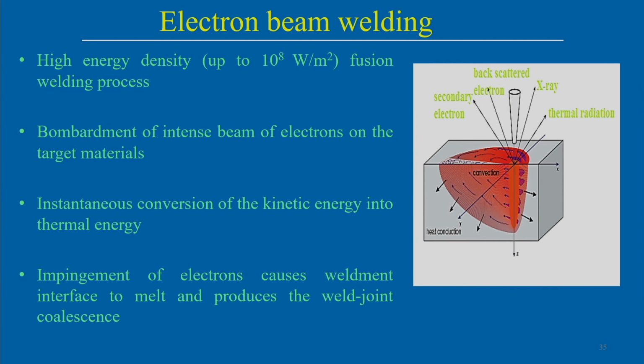In this case there is a bombardment of an intense beam of electrons that impinges on the surface, and then it creates a high depth of penetration, and at the same time it can produce a kind of keyhole, and of course the depth of the keyhole in this case is much more than that of the laser welding process. Once the electrons bombard, the flow of electrons releases kinetic energy and converts it to thermal energy through interaction with the workpiece.